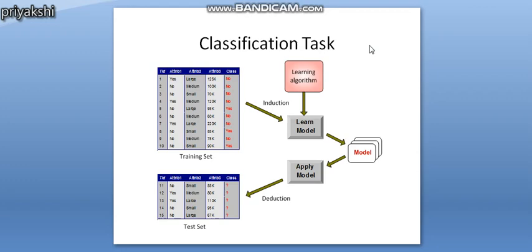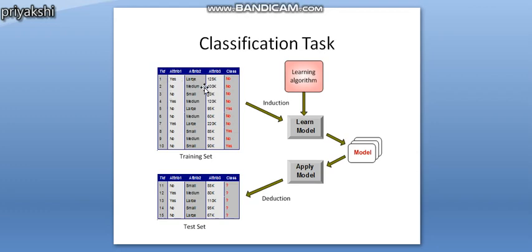There is another important thing here, known as the training set. There are two types of data sets provided in the classification task: the training data or training set, and the test data or test set. The training data, as you can see from the table, consists of records whose class labels are known or must be provided.